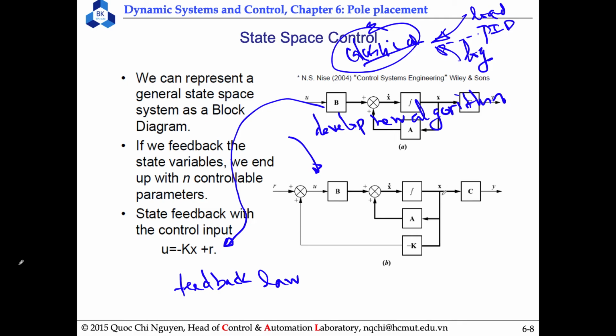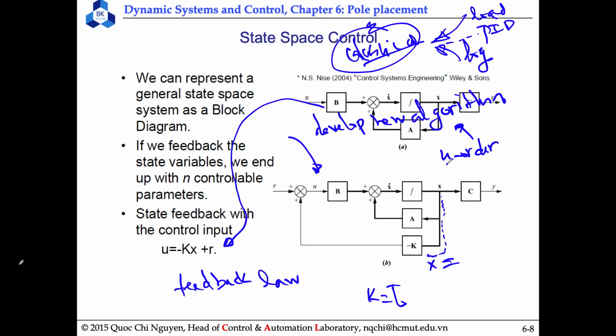So we feedback the state. Here X is a vector, right? X is the vector. So K is also a vector because we consider this system to be n order, right?